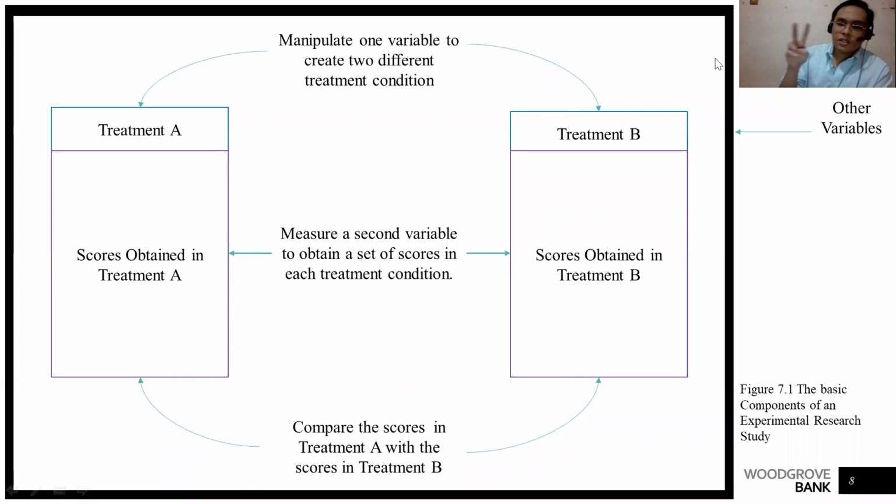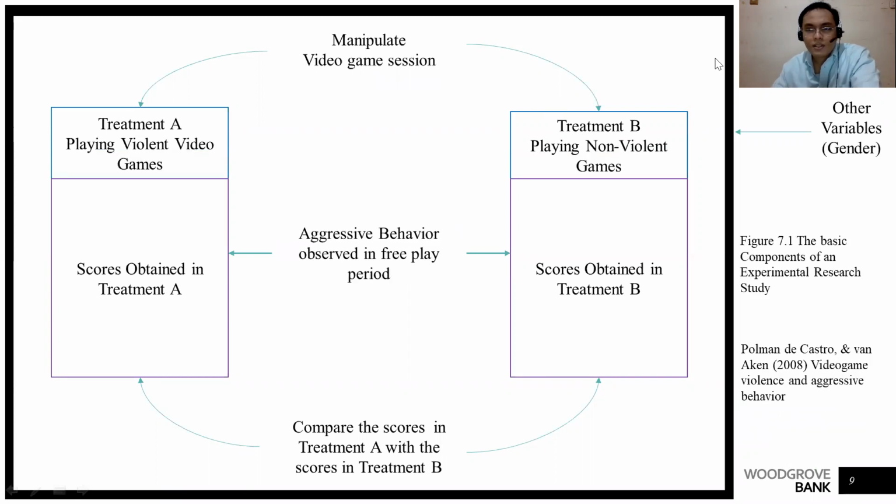So those treatments produce different sets of scores. Those sets of scores are measured and now compared to determine if there is a significant relationship between the changes in the dependent variable.